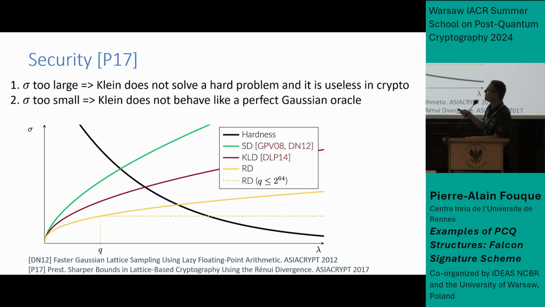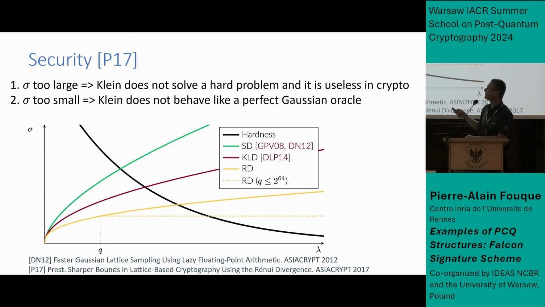So let me explain this graph. Here we have the standard deviation of the Gaussian that we generate. Basically, it represents the radius that was described at the beginning of my presentation, that is, the radius of the ball where you are looking for some lattice point.